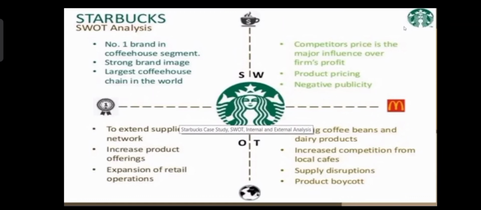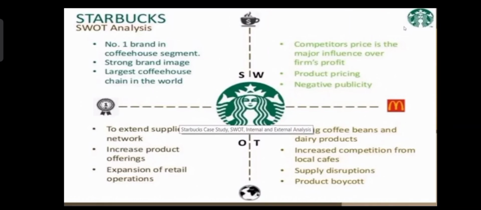So they have many resources for coffee beans because they are the number one brand of coffee house in the country and even globally. So what will be the threats of Starbucks?